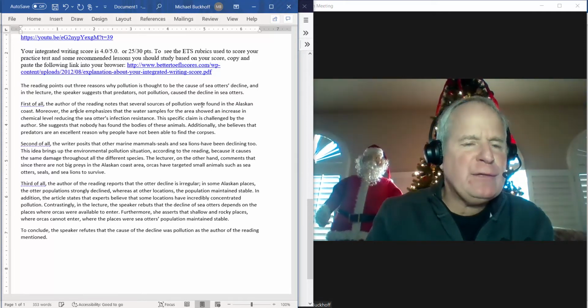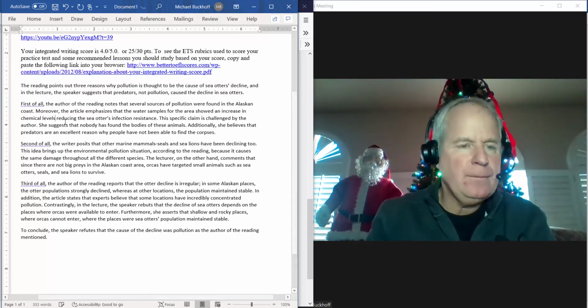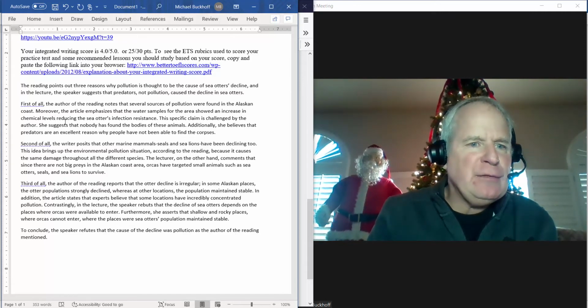Moreover, the article emphasizes that the water samples for the sea area showed an increase in chemical levels, reducing the sea otter's infection resistance.